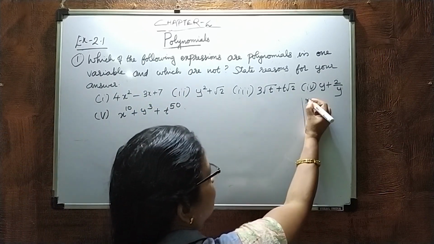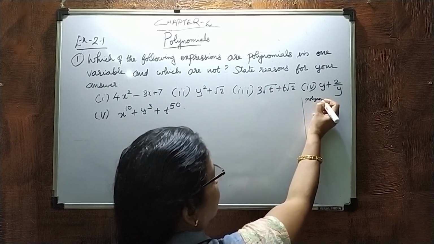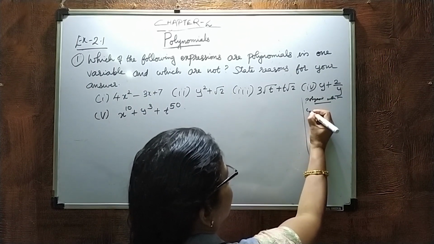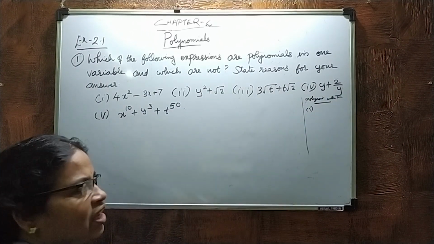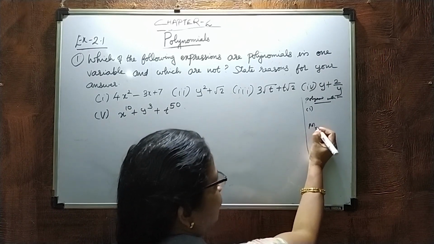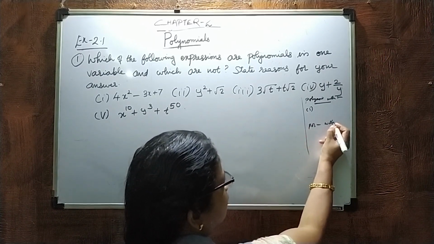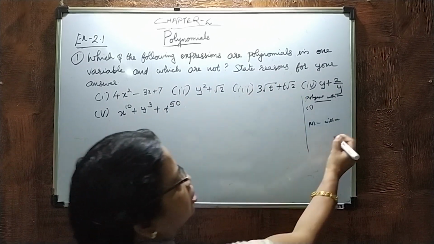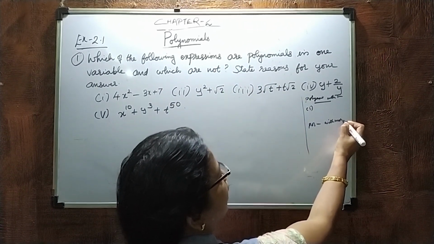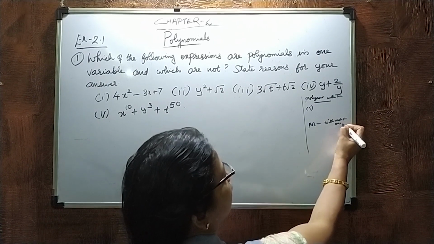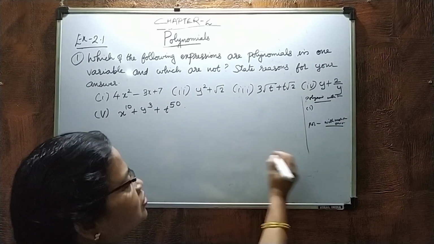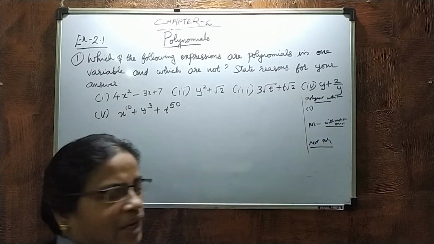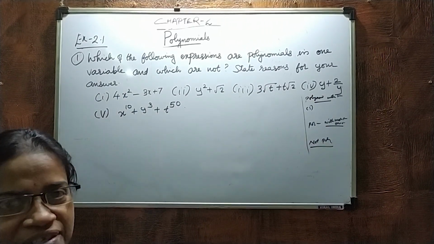Here you can write polynomial with one variable. Your own handwriting can be small, that is okay. Next, you have to write polynomials with more than one variable, whichever they tell us, and then not polynomials. From there you can write the correct answer.